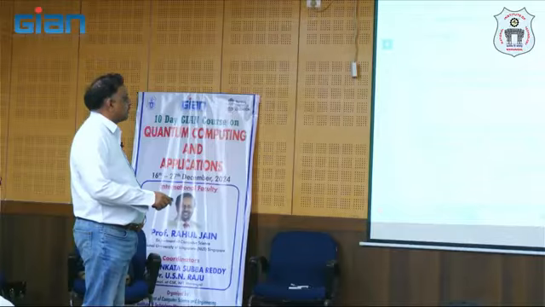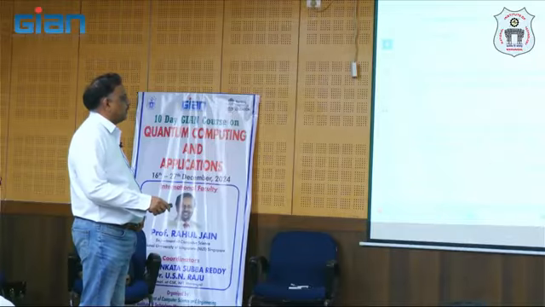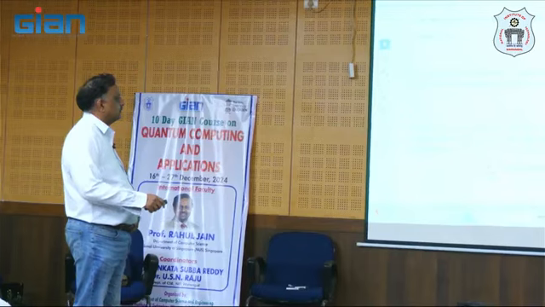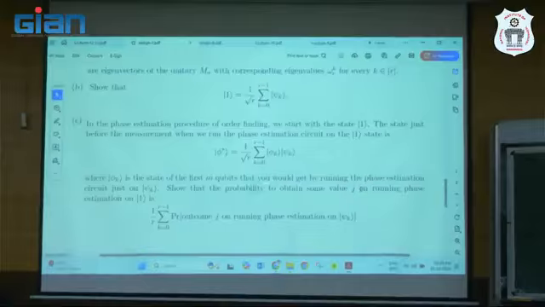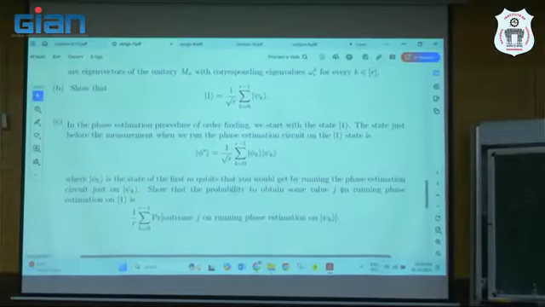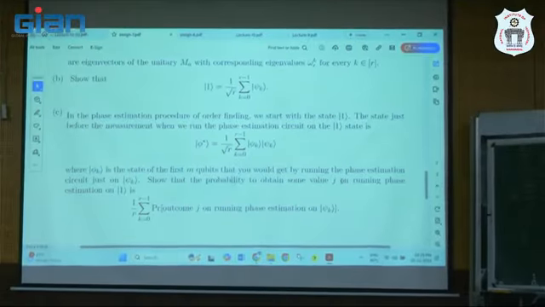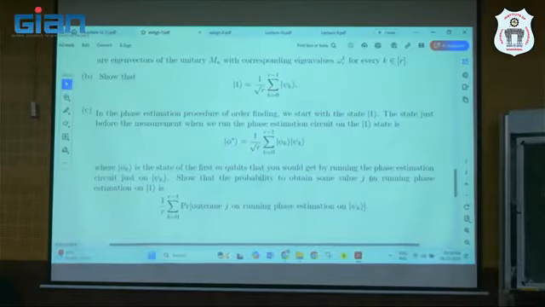The state just before the measurement when we run the phase estimation circuit on Ket 1 is this, where psi k is the state of the first m qubits that you would get by running the phase estimation circuit just on psi k. So remember, if we are putting psi k in the phase estimation circuit on the below wires, let us say the state that occurs on the top wires just before the measurement, let's call it phi k.